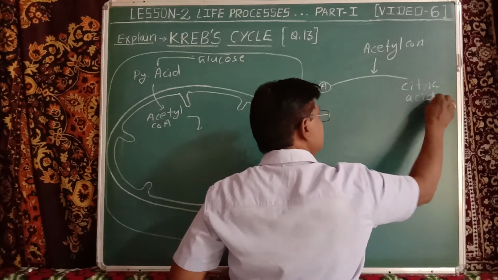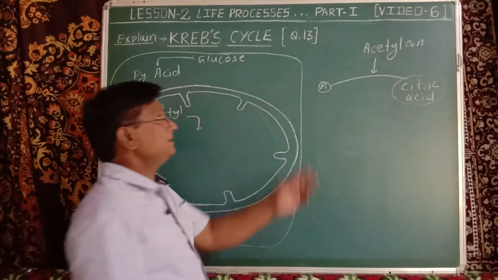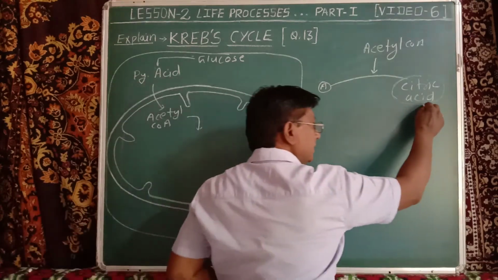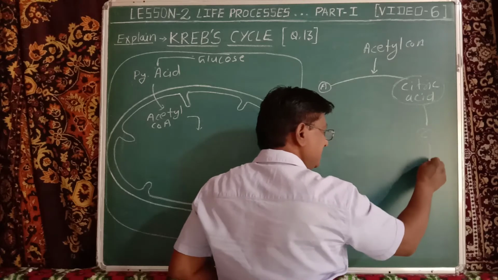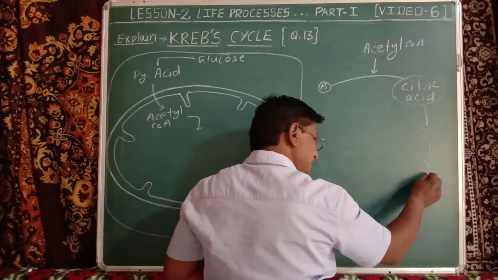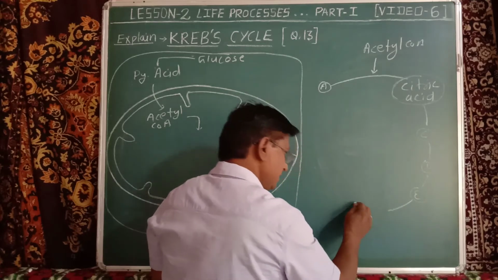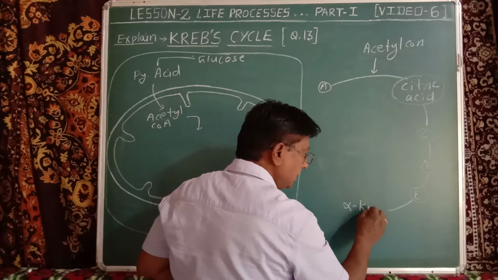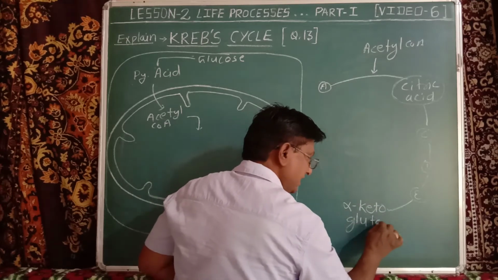It is the first compound which is formed, and hence this is also called the citric acid cycle. Then after, many other compounds are formed, for example C, D, E, etc. and F. Here, an important compound is alpha ketoglutaric acid.